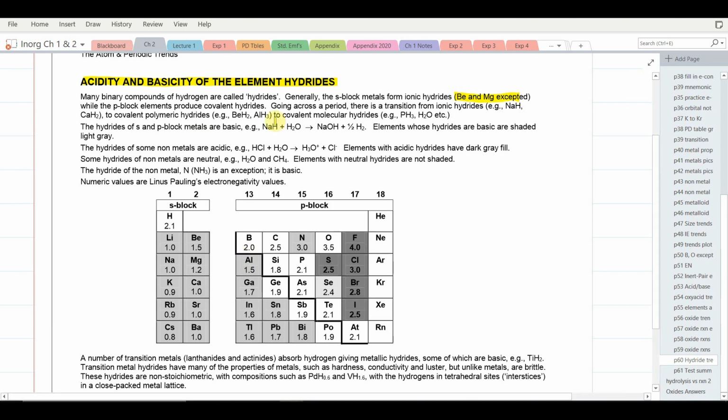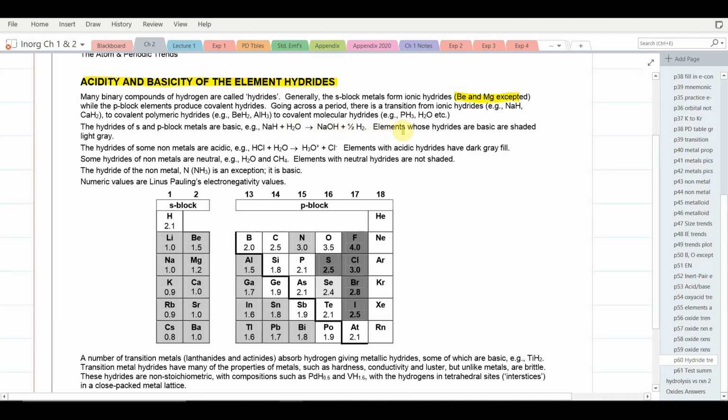And ultimately to covalent molecular hydrides, like water and ammonia and phosphine. These are singular molecules. The hydrides of S and P block metals here are basic. For example, sodium hydride in water produces sodium hydroxide and actually reduces the water, producing hydrogen gas.